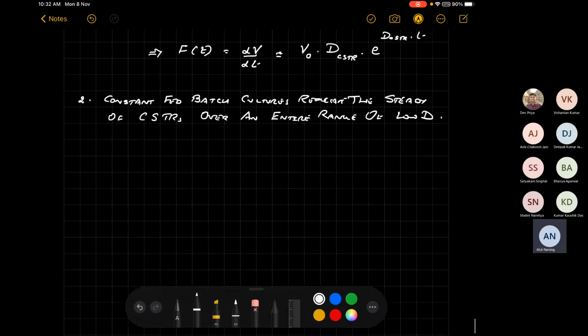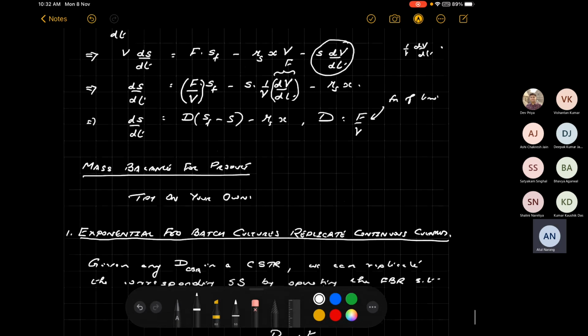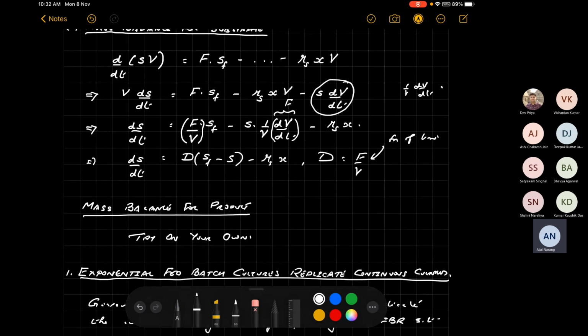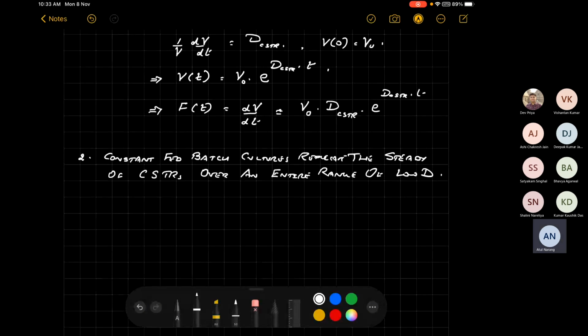So to show that, let's first of all focus on what is happening to this quantity D in a constant fed batch reactor.